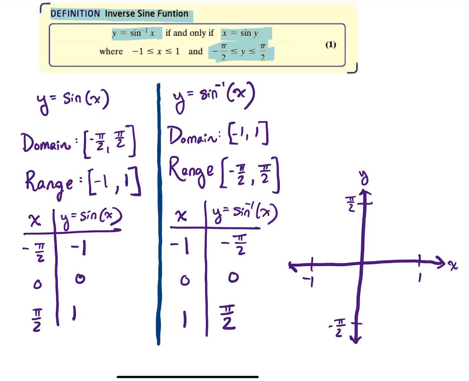So we should have the point negative 1, negative pi over 2, so down here, the point 0, 0, and the point positive 1, positive pi over 2. And the graph will have a smooth curve looking something like this. So this will be the graph of the inverse sine function.